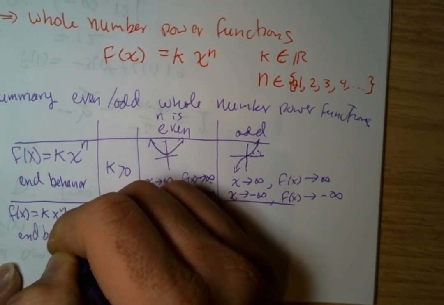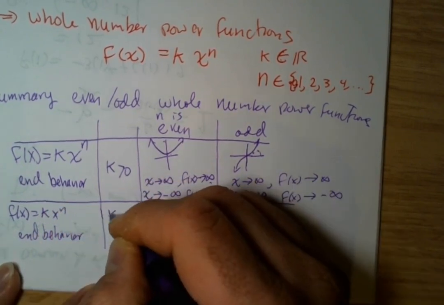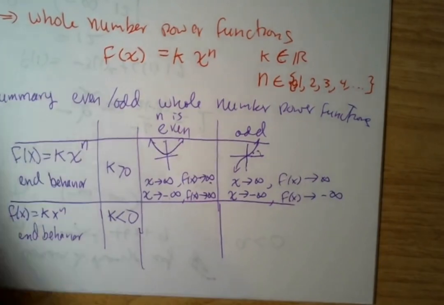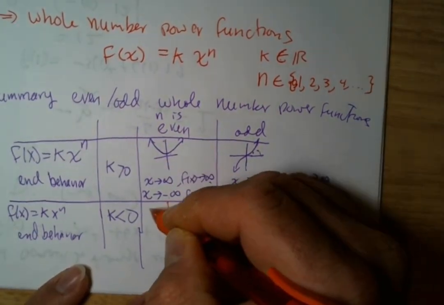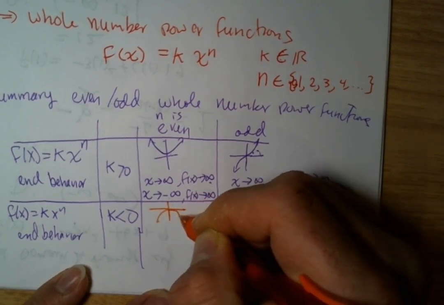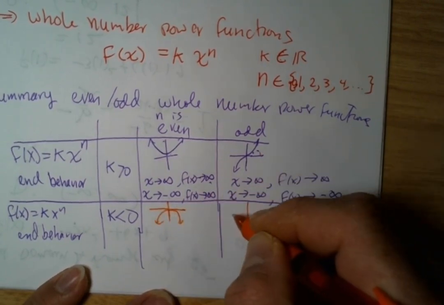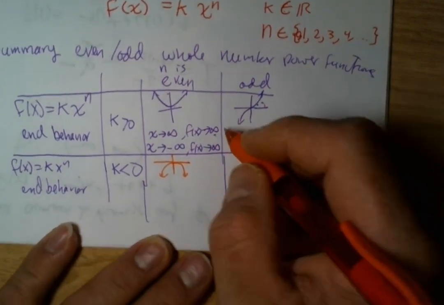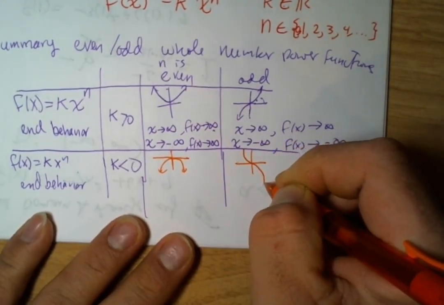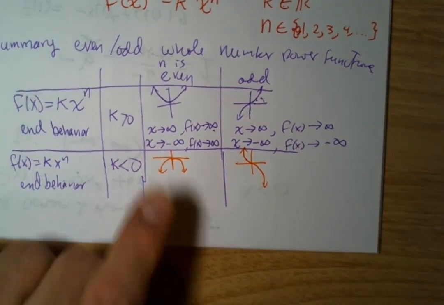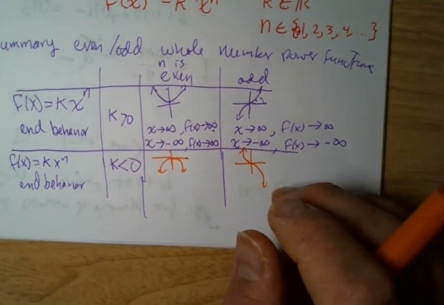So we're looking at end behavior, in this case when k is less than 0. We saw that the graphs had this general shape, depending on whether n was even or odd.